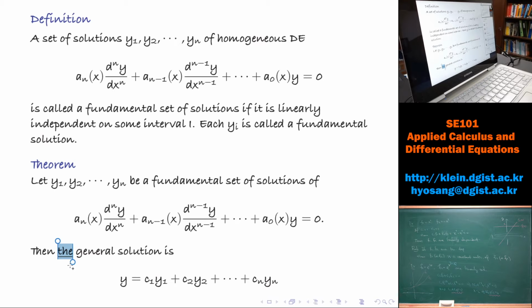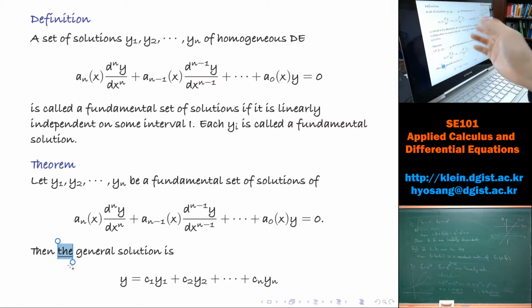So this theorem tells you how to check that a given solution is the general solution. First, check that the number of solutions in the complementary solution equals the order of the differential equation.